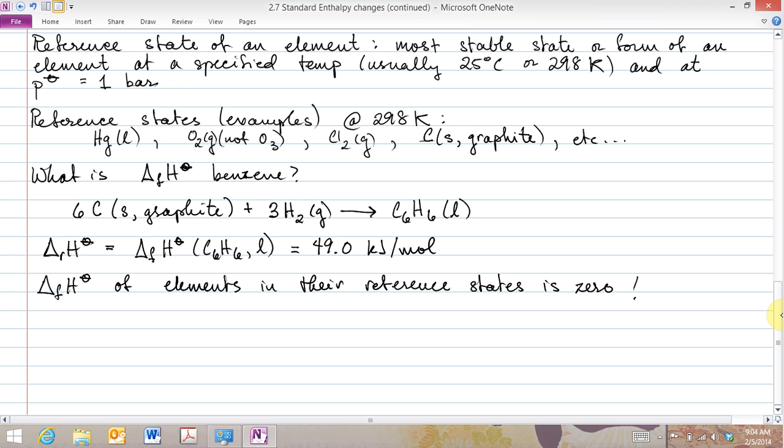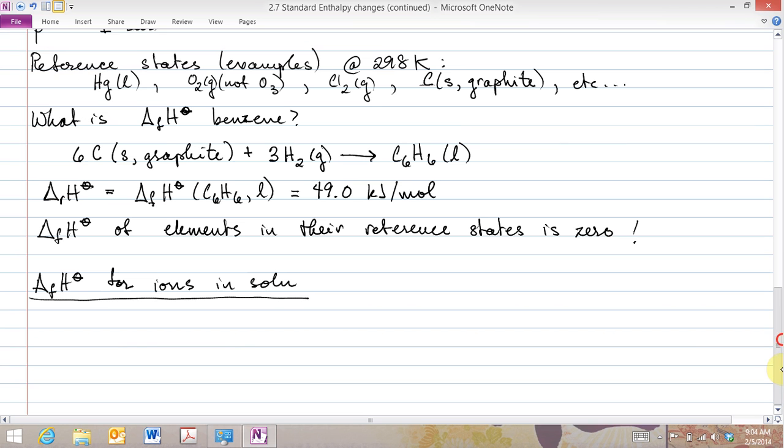That brings us to what is the enthalpy of formation for ions in solution? What we do here is we need a reference point, and it's set arbitrarily, but it makes sense how it's set.